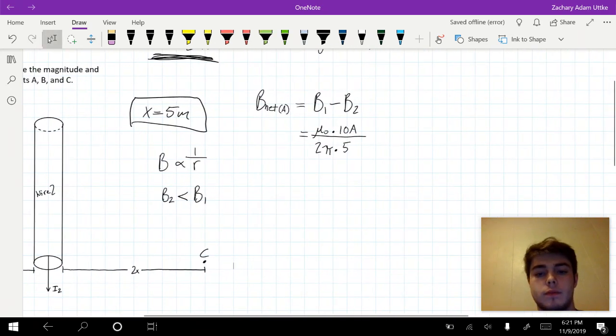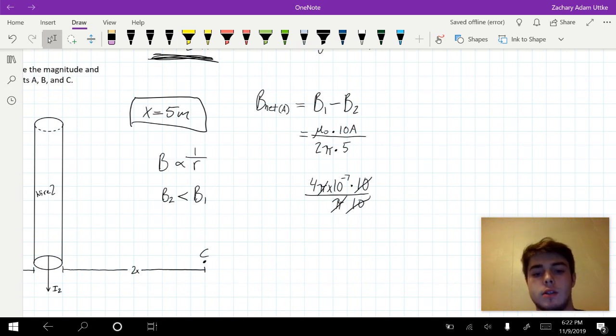So this is 4 pi times 10 to the negative 7th times 10 divided by 2 times 5, which is 10, and we still have the pi. So there's a lot that cancels here. So B1 is 4 times 10 to the negative 7th.